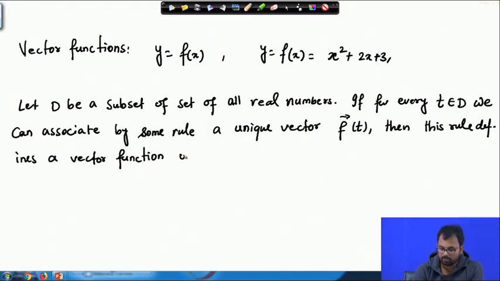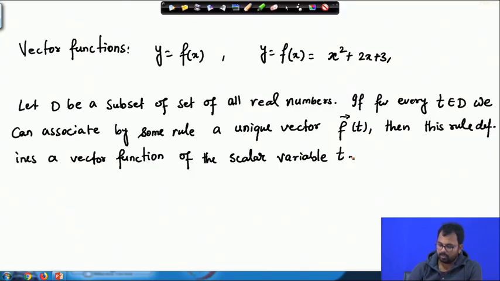of the scalar variable t, and here f is basically a vector quantity, or a vector function, of the variable t. So, f can be called a vector function.